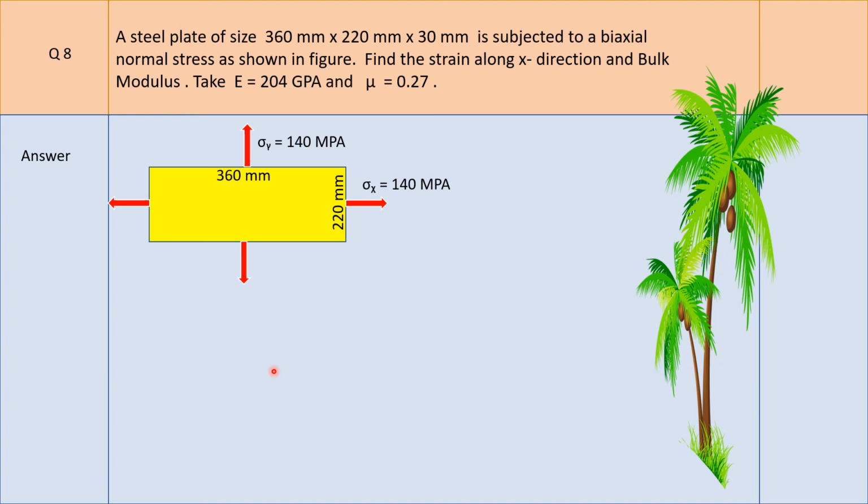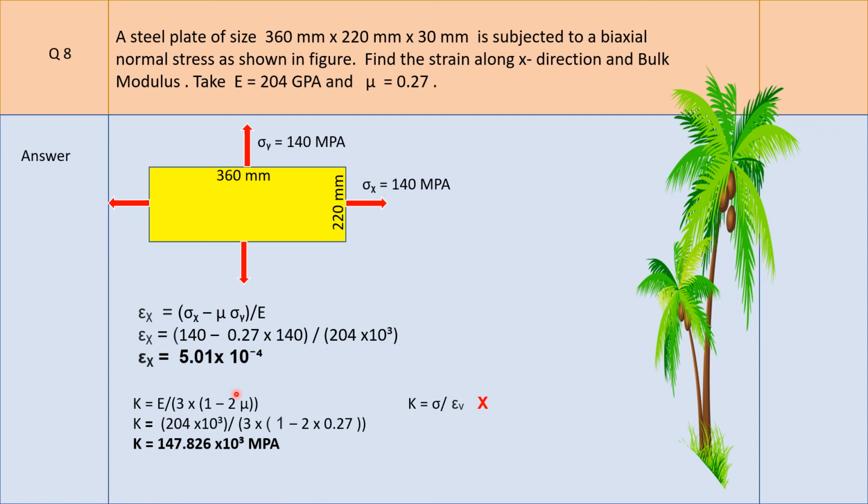Now let us calculate the bulk modulus. For the bulk modulus, we will be using the formula K is equal to E divided by bracket open 3 into bracket open 1 minus 2 mu, first bracket close, second bracket close. Substitute the value of E is equal to 204 into 10 raised to 3, put it in bracket, divided by bracket open 3 into bracket open 1 minus 2 into 0.27, first bracket close and second bracket close.